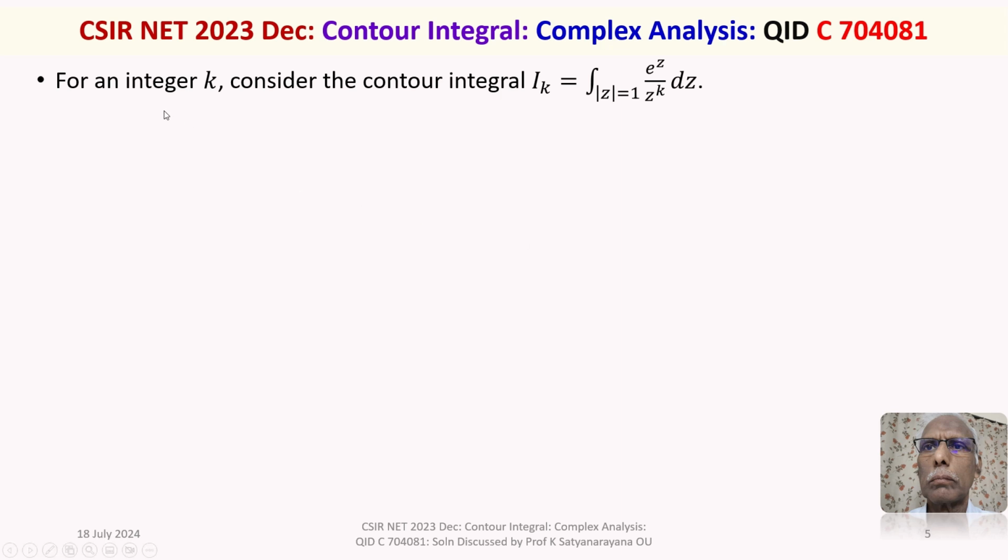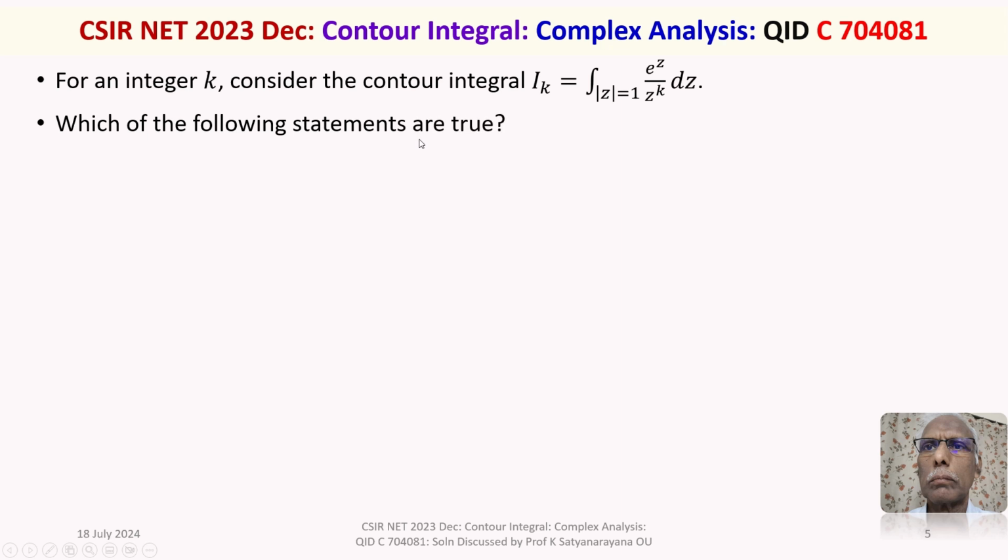So, for an integer k, we have the contour integral denoted by I_k equal to the integral taken round |z| = 1 of the function e^z by z^k with respect to z.